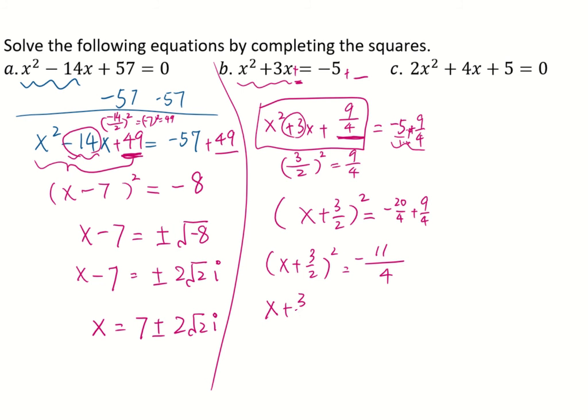x plus 3 over 2 equals plus or minus square root of negative 11 over 4. So square root of negative 11 over 4, that's square root of 11 over square root of 4, which is 2i.